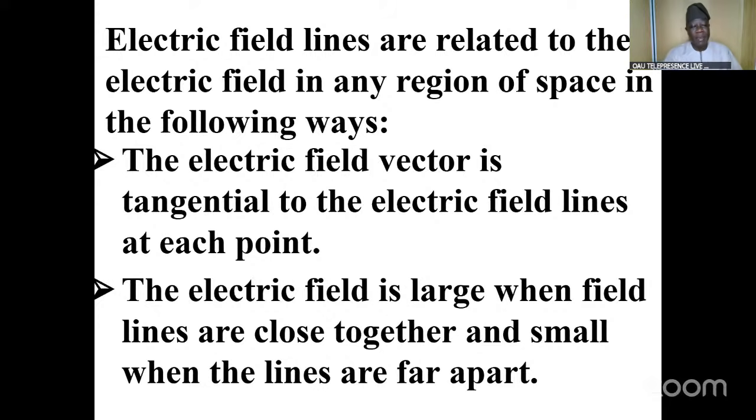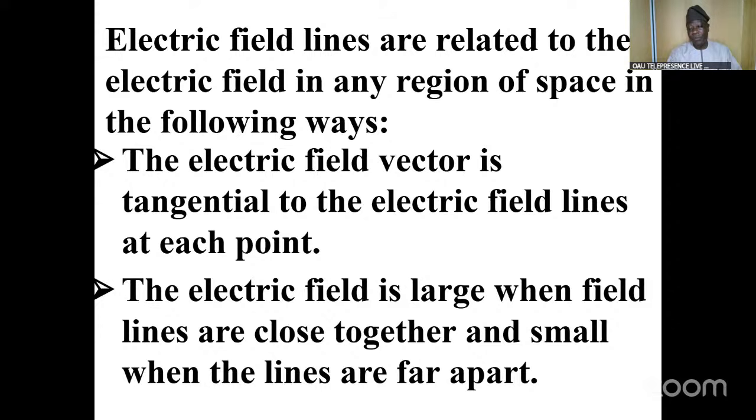The next slide talks about electric field. Electric field lines are related to the electric field in any region of space in the following ways. Point one, the electric field vector is tangential to the electric field line at each point. Then the electric field is large when field lines are close together and small when lines are far apart.